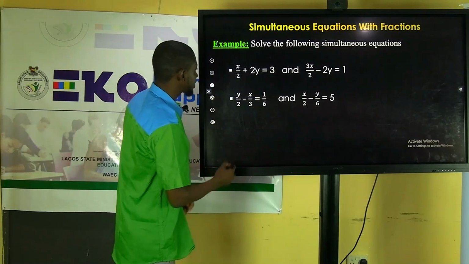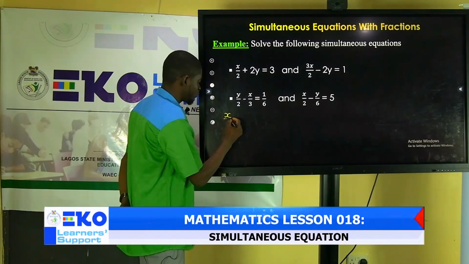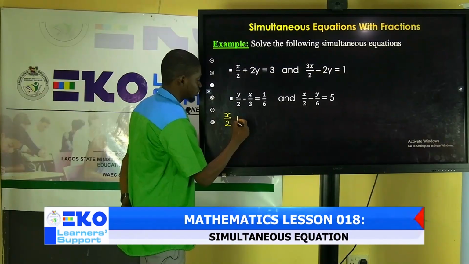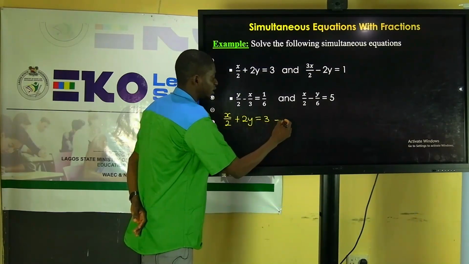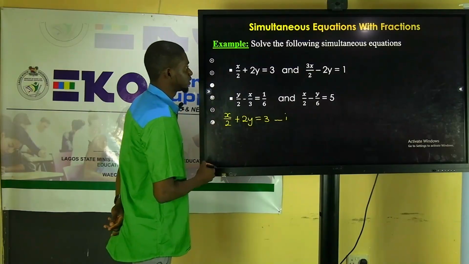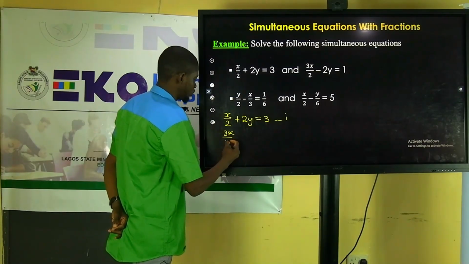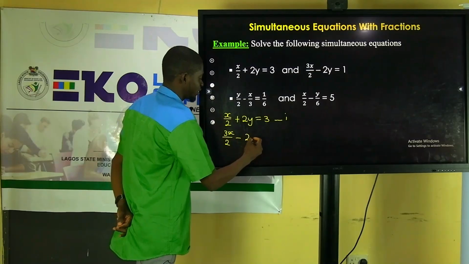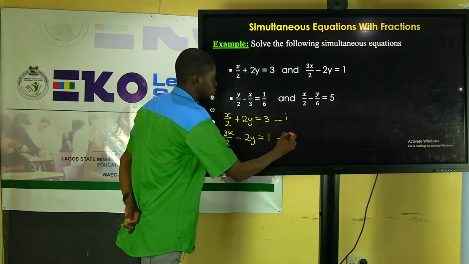To start with, let's rewrite this. x over 2 plus 2y equals 3, being our equation 1, and 3x over 2 minus 2y equals 1, being our equation 2.